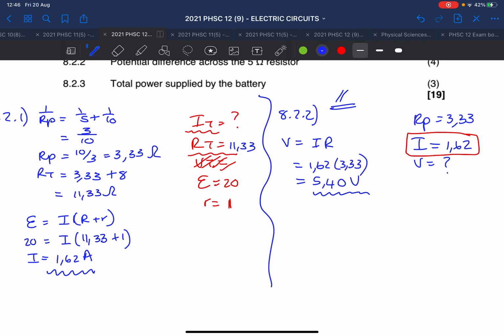Okay, then they ask at question 8.2.3, calculate the total power supplied by the battery, 3 marks. So we will need the power, they ask. We know the current that goes through the battery is the total current. That is 1.62. Okay, what is the volts of the battery? 20.